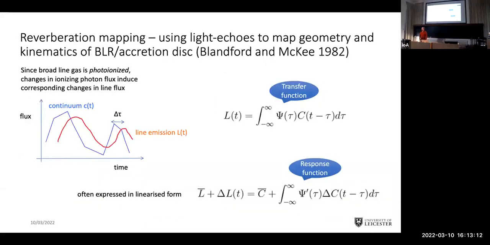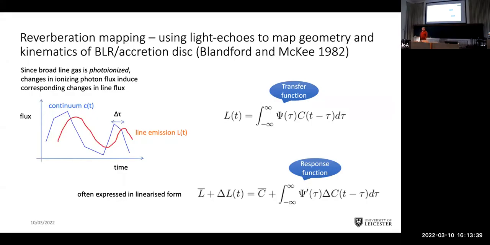So the maths: I'm going to show a couple of equations today. Here's the first one, which says the line light curve at some time t is the convolution of this kernel function, which is some sort of filter, with the continuum at previous times. Typically when we solve it, we actually use the linearized version.